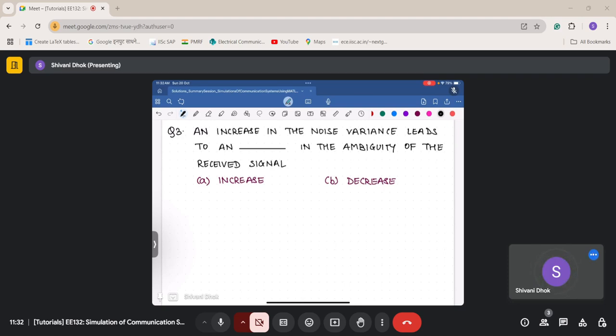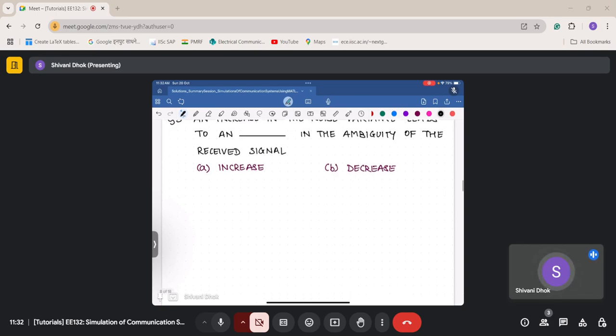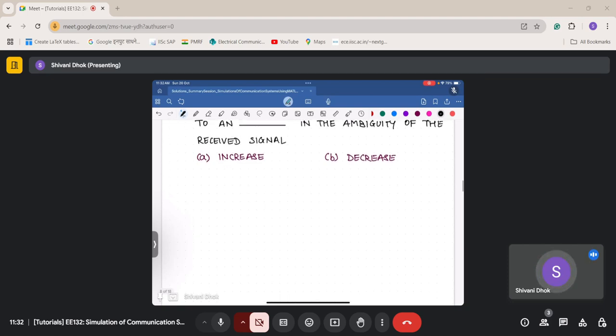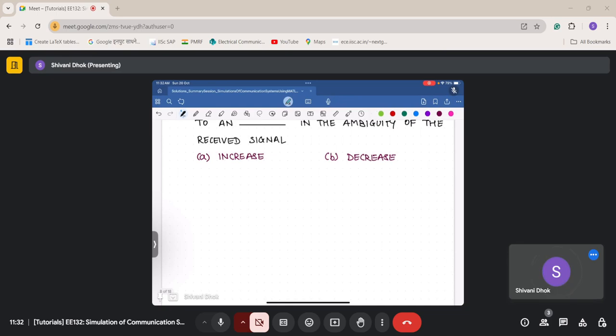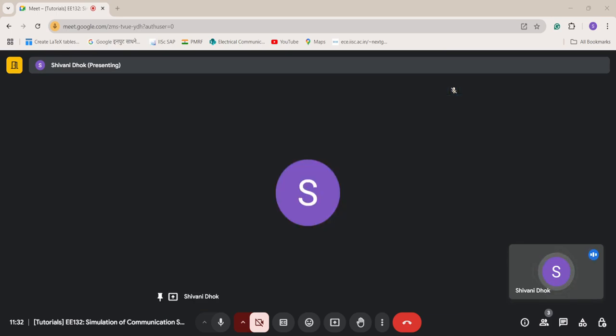So what happens when your noise variance increases? Let us try to understand using the probability density function of... Okay, there is some issue, I think.